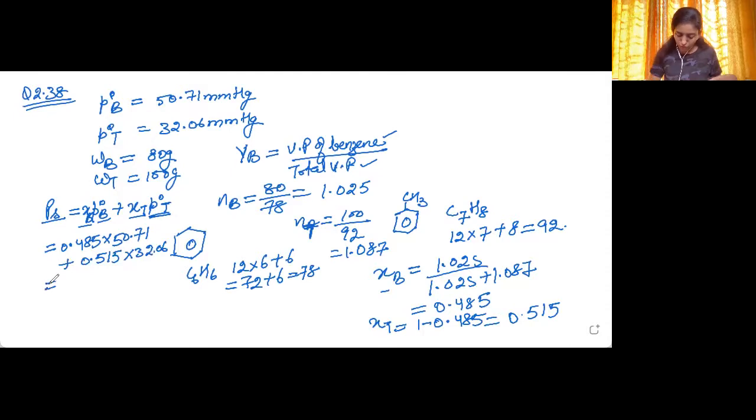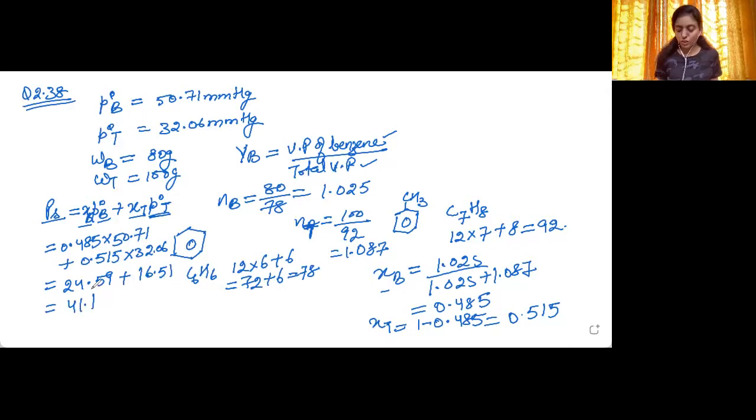So 0.485 multiplied by 50.71 is 24.59, plus 0.515 multiplied by 32.06 is 16.51. So it is coming out to be equal to 41.1. So this is the total vapor pressure.